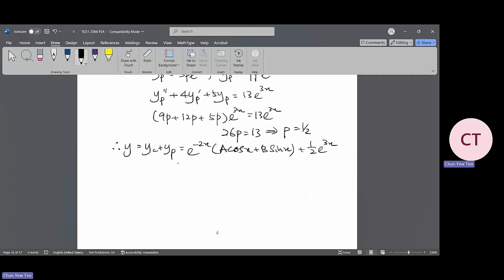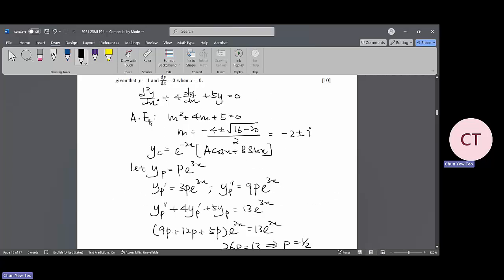And we need to find the particular solution for the constants A and B. So what we need to do is differentiate. Maybe we can find the A first. When x is equal to 0, your y given here is 1.